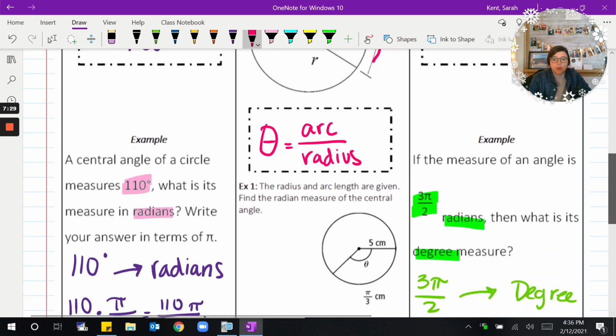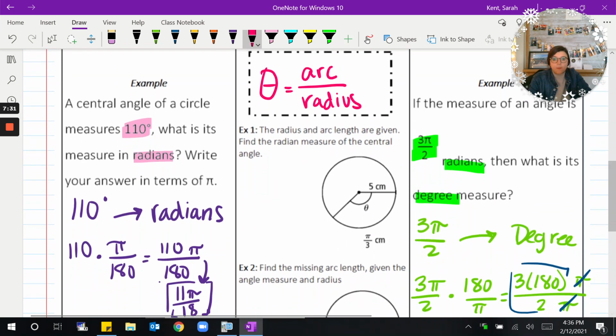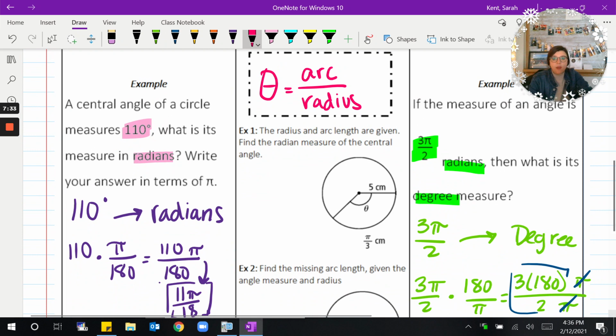Example number 1. The radius and the arc length are given. Find the radian measure of the central angle. So we're looking for the central angle, we're looking for that theta. Our radius is always going to be the inside line. So here, our radius is 5.